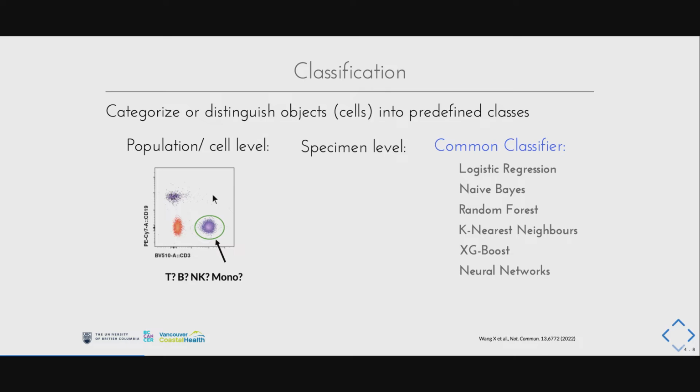For simple tasks, like telling the identity of CD3 positive and CD19 negative cells, it's easy. It's a very straightforward classification question.